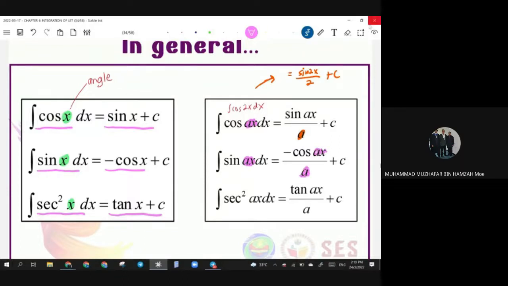Actually the cos x, sin x and secant square x ones also have an over, but it is over 1, and we don't normally write something over 1, so we hide it. Same goes to secant square ax: integrating it, we get tangent ax over a, plus c.